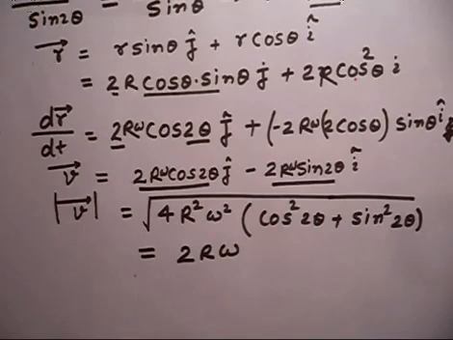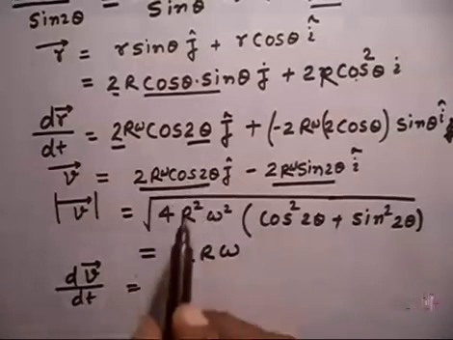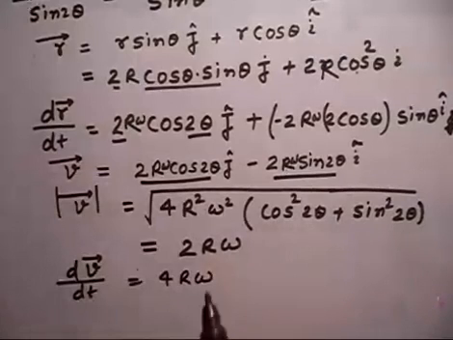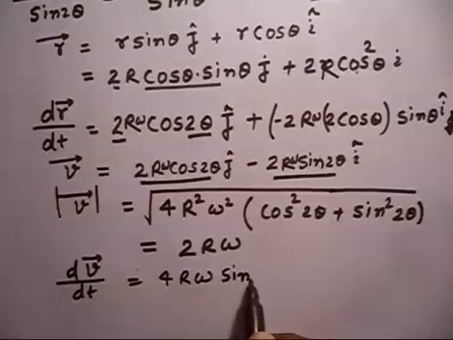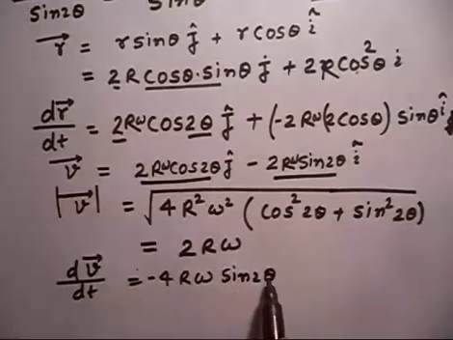Now in this case you have to find the modulus. Simply put dv by dt, because this is a vector, so this will become 4r omega, and cos theta will be sin 2 theta with a minus sign, and d theta by dt once again gives omega, so this becomes omega squared.